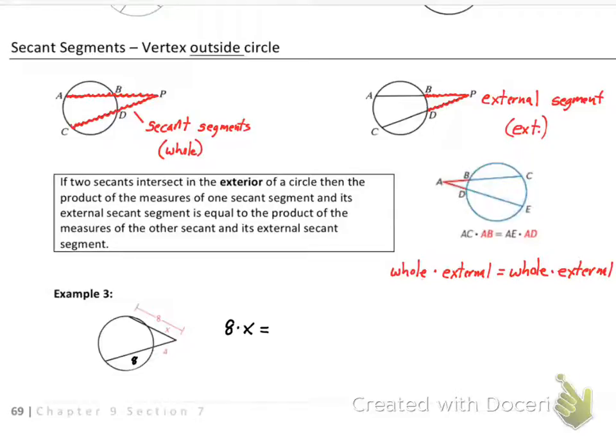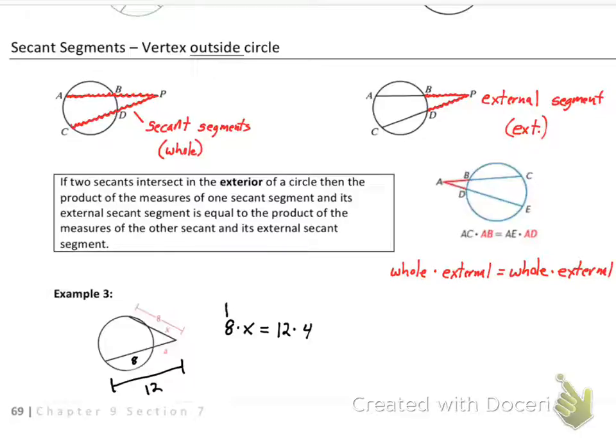And your question is, is 8 the whole segment? So I don't even care that 8 is there. The first thing you're going to do when you have problems that look like this is draw that line and say that equals 12, because I need the whole. So we're going to use the whole, which is 12, times the external, which is 4.